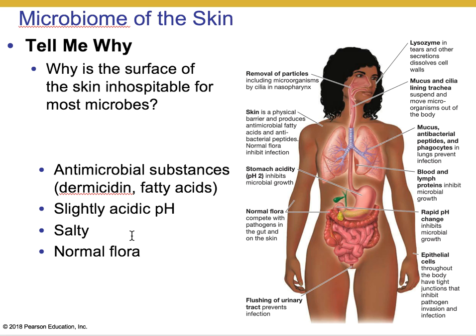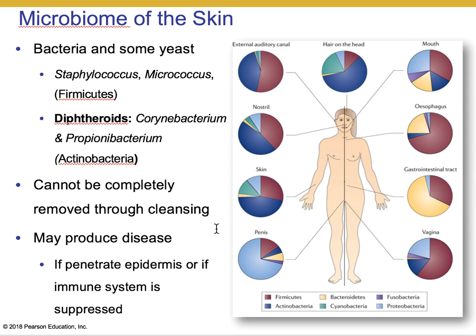The saltiness of the skin is another inhibiting factor, as well as, as we've mentioned a number of times, the normal flora. This, I believe, comes from another textbook, but it summarizes the features of the skin in various parts of the body and their role in protecting against invasion by microorganisms.